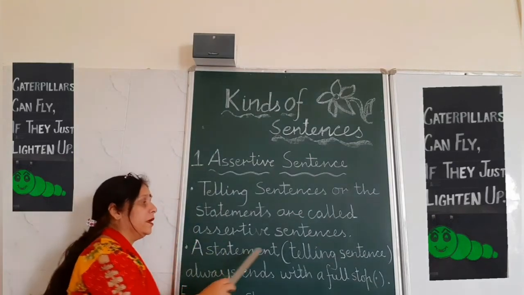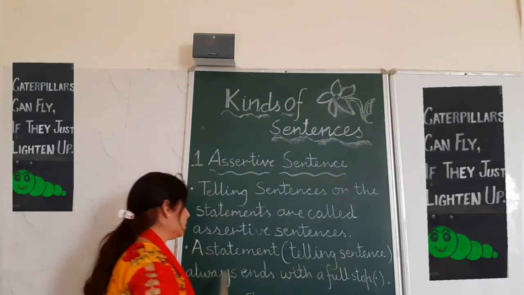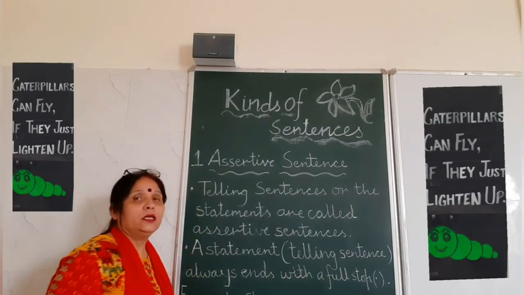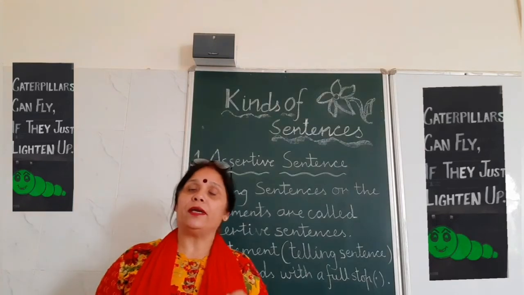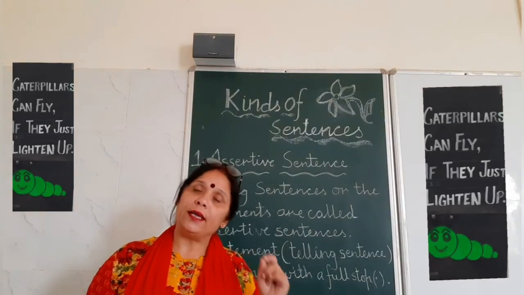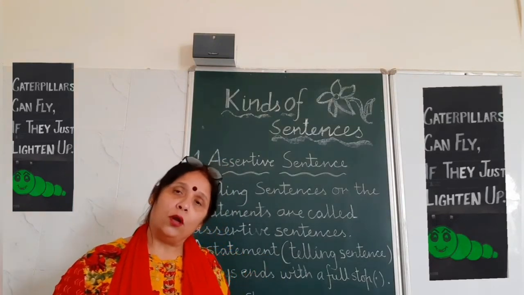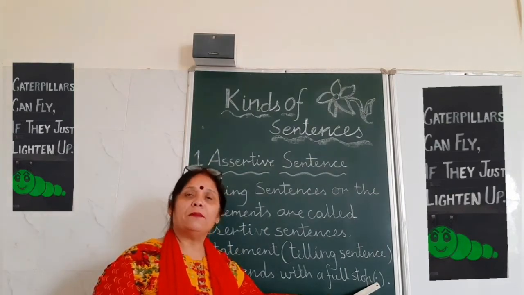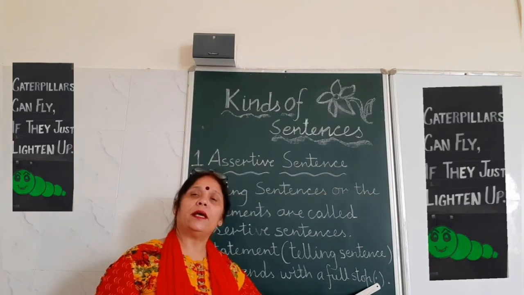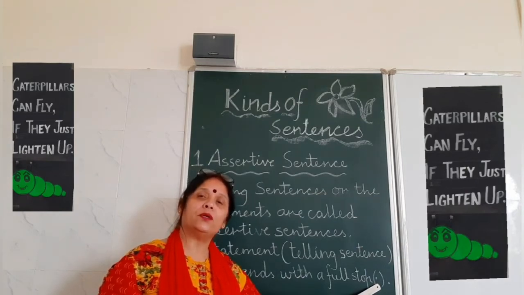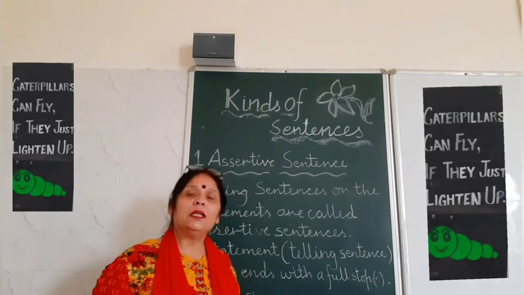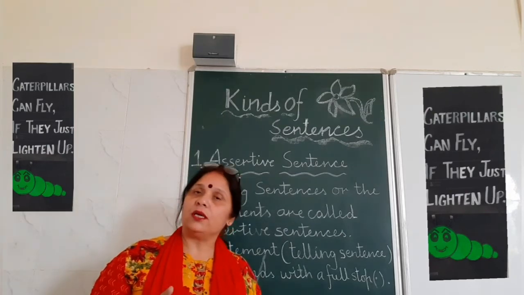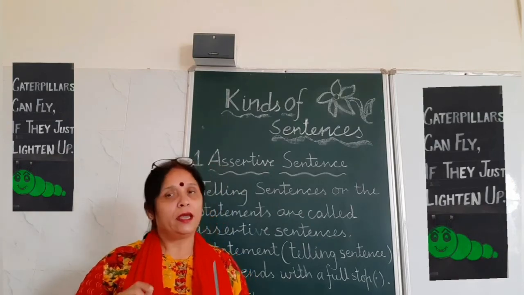A statement or telling sentence always ends with a full stop. Yes, dear students, whenever we write a statement or a telling sentence, it always ends with a full stop. Always remember that a statement or a telling sentence always ends with a full stop. मतलब कि जो assertive sentence होता है वो हमेशा ही full stop के साथ end होता है.